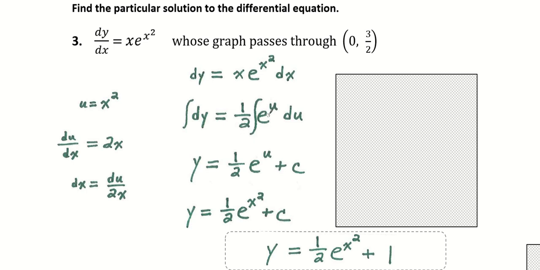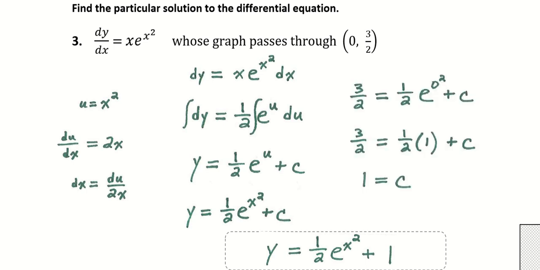And then you're just integrating e to the u, which is just e to the u. Plug back in for u. And then you can figure out what c equals by plugging in 0 for x and 3 over 2 for y, getting c equals 1. And then here's your final answer.